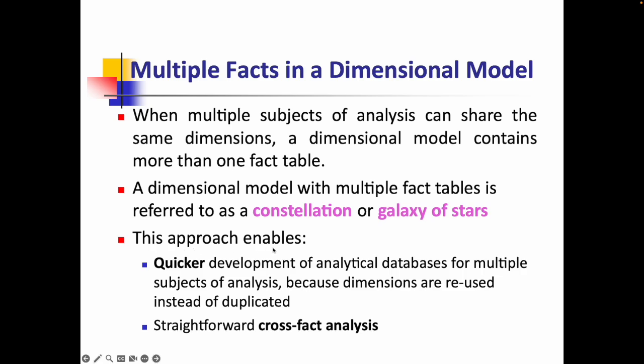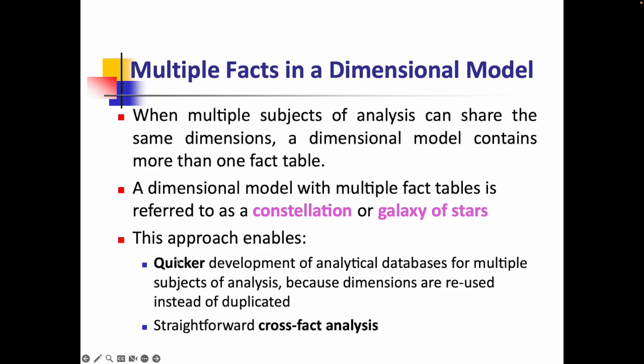So this approach is more efficient because now, instead of having two different star schemas, one for returns connected to 4 dimensions, another one for sale connected to the same 4 dimensions, let's have just 2 fact tables with the same 4 dimensions, right? So this is more optimized.